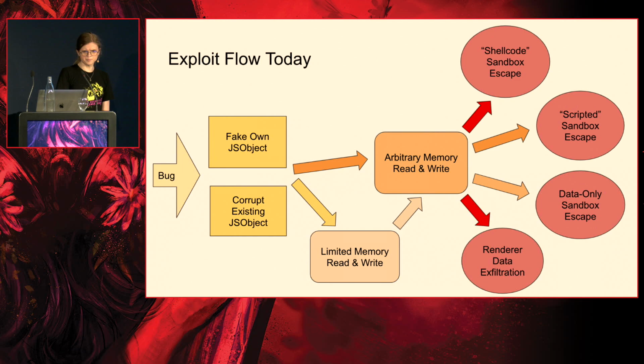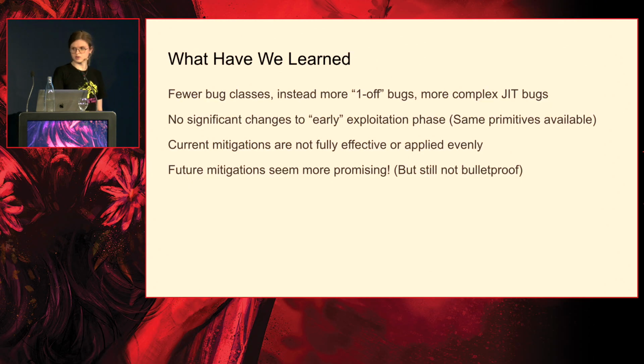All right, so this is pretty much all that we have. But a few things just to reiterate. We saw that there are fewer bug classes. They're more focused on the JIT recently. And outside of the JIT, there's only been a couple one-off bugs in parts of the code. Fewer vulnerability classes, but more complex bugs.